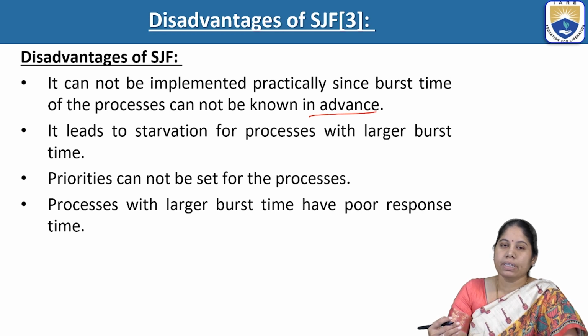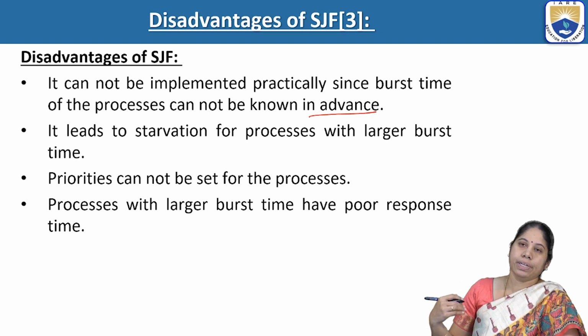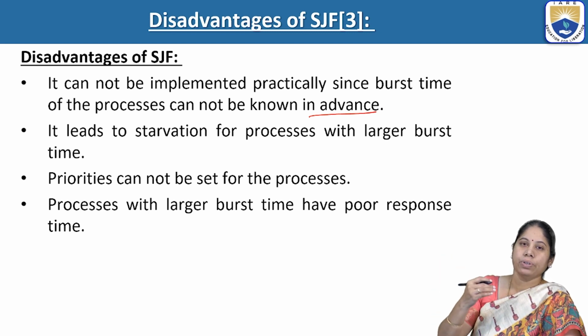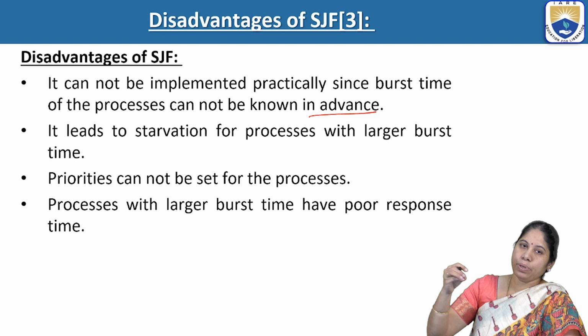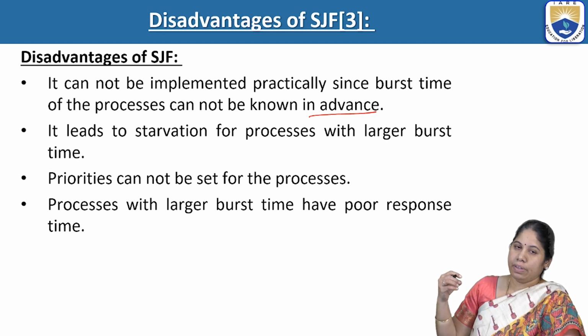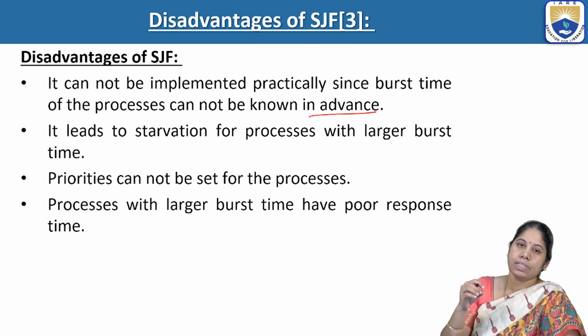Starvation means that the process with the longest burst time will wait a long time in the ready queue, because shortest processes keep on coming into the ready queue, get the CPU, and make the long process wait. You may have seen the same problem with the FCFS scheduling algorithm.